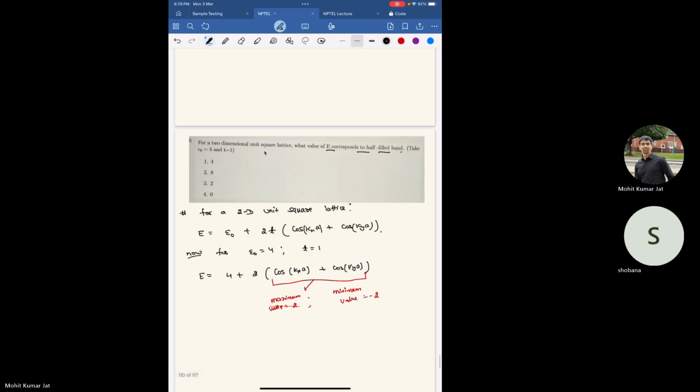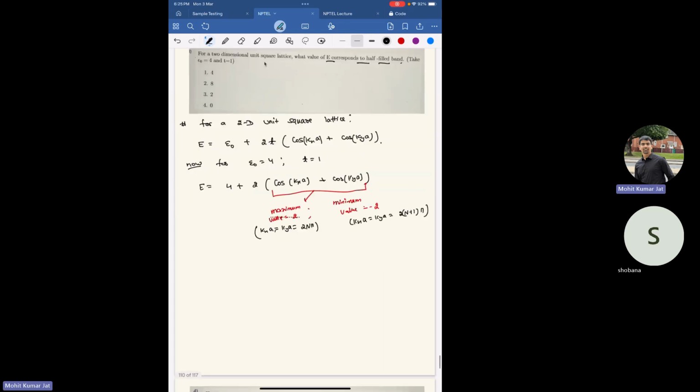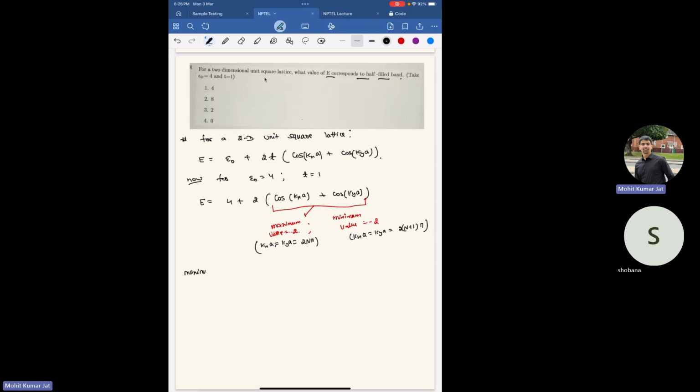Maximum will be possible when kxa equals kya equals 2 times capital N pi, and minimum will only be possible when kxa equals kya equals (2n plus 1) pi, right? In that case, maximum energy Emax will be 4 plus 2 times 2, that will be 8.